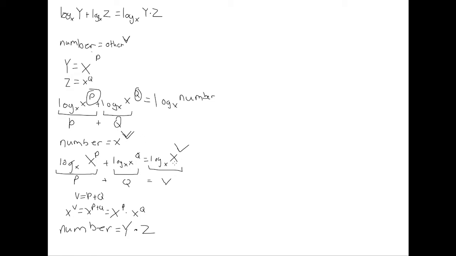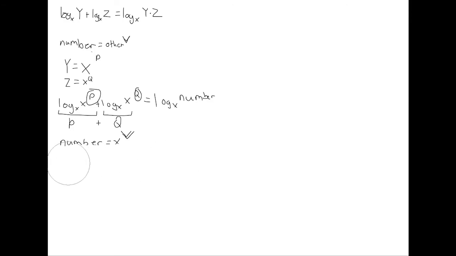And we know that the power over here always needs to equal whatever power is over here plus whatever power is over here. So if that's true, then this whole number here, whatever number's in this slot, must equal whatever number's in this slot times whatever number's in this slot. So that pretty much concludes the intuition. Let's do some examples.